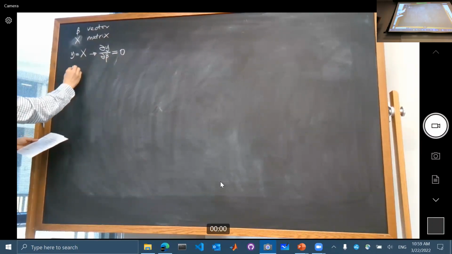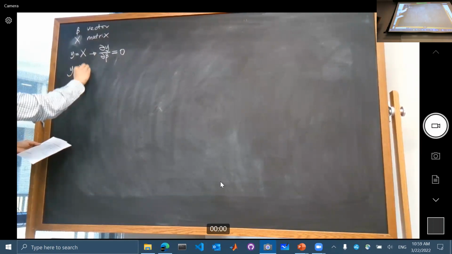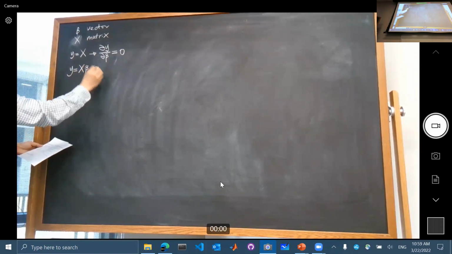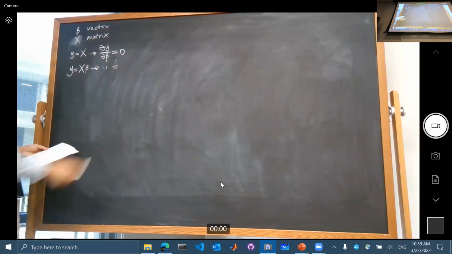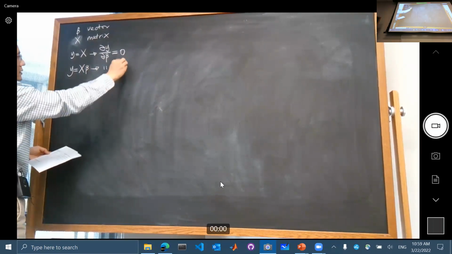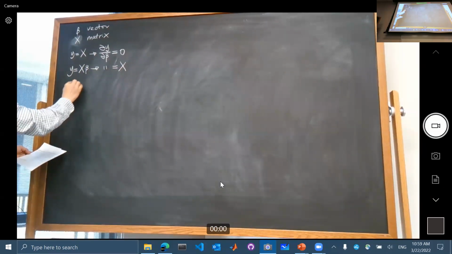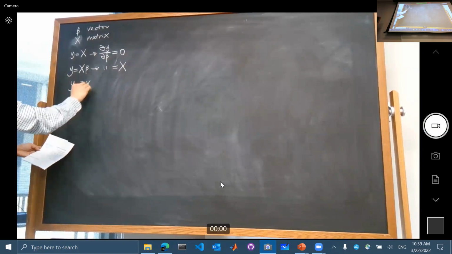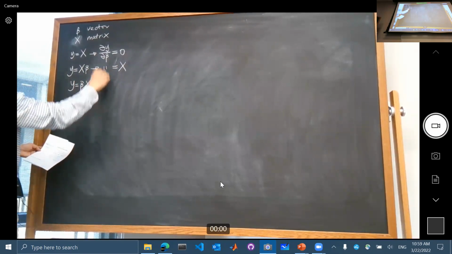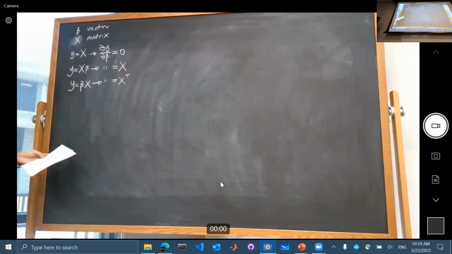However, in this case, if you have x beta, then the derivative, I'm not going to copy that, I just gave you this, will be x. And if you have y, this gives the same derivative, but transposed. So this is the transpose matrix.